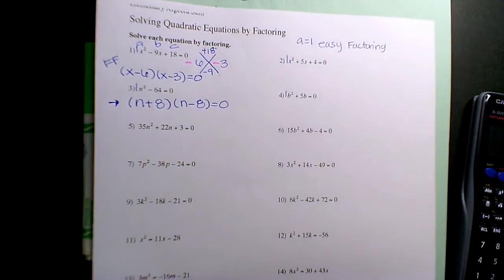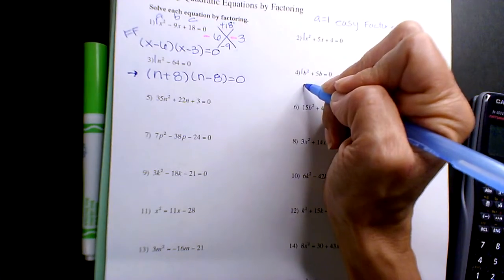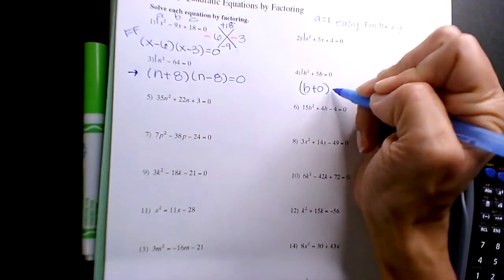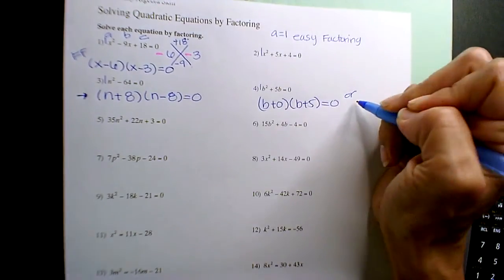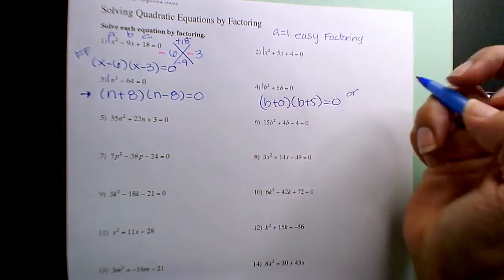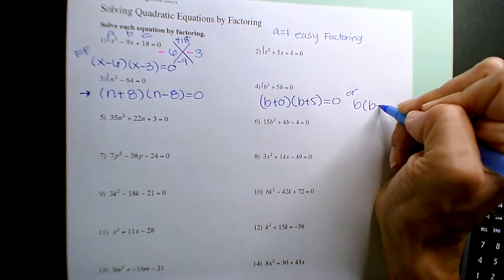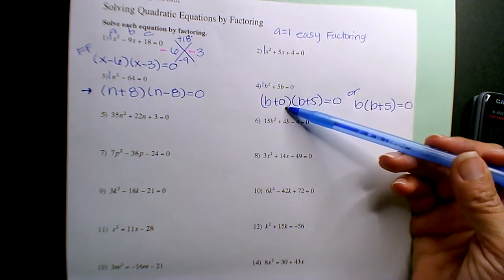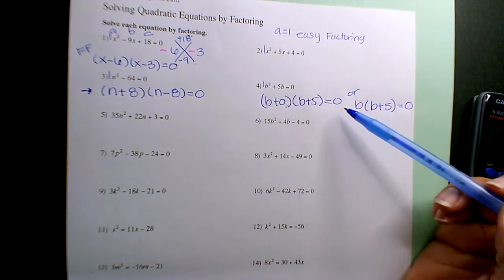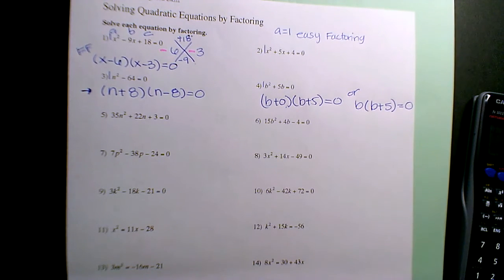So you have B plus 0, B plus 5, or you can express it as B plus 5. Because what's anything plus 0? You don't really necessarily have to write it. So this is also the equivalent of it.